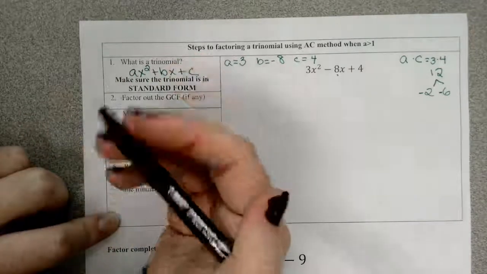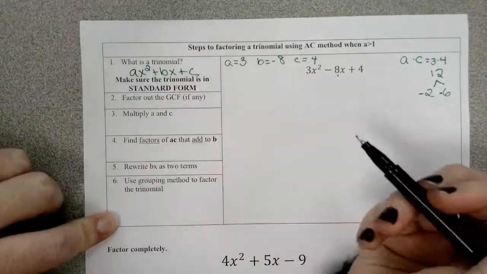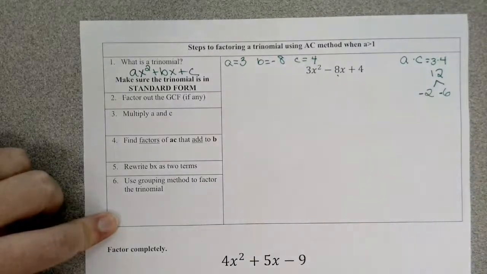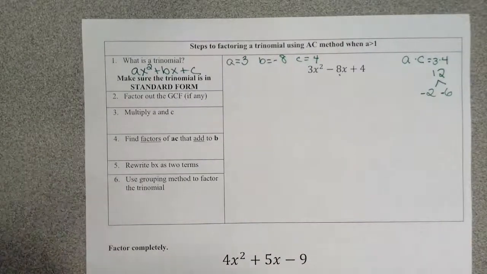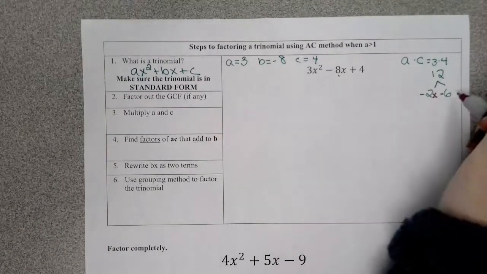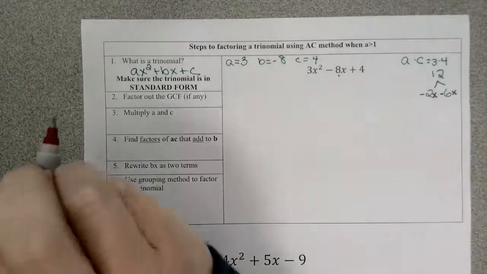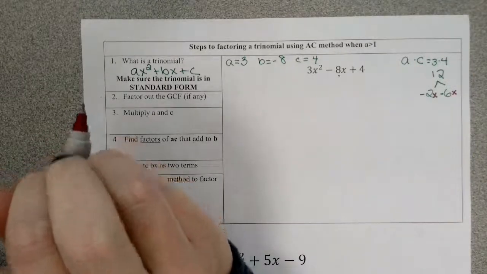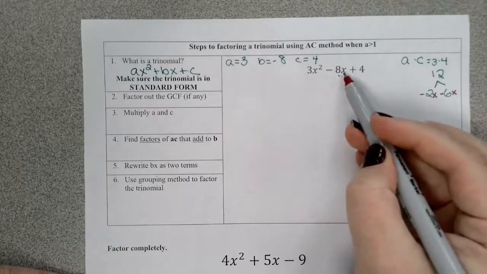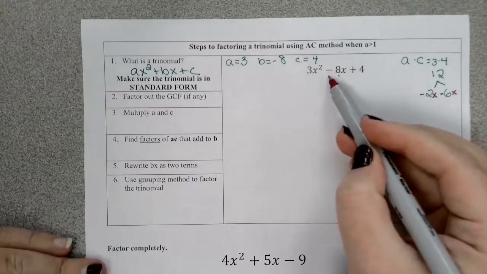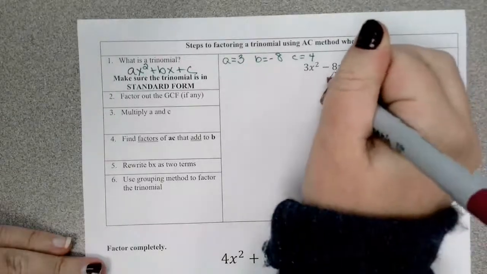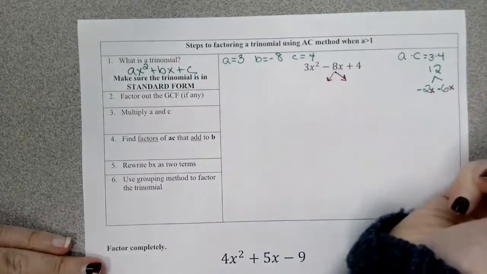Now, to be able to use the grouping method, we need 4 terms. We have 3 terms here. So what's going to happen is this negative 2 gets an x, and this negative 6 gets an x, because negative 2x plus negative 6x gets me negative 8x. So I am going to transform this polynomial to have 4 terms.